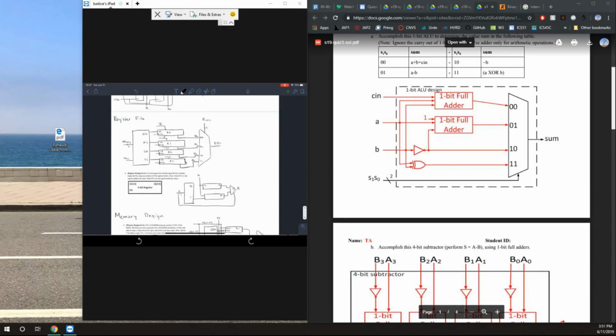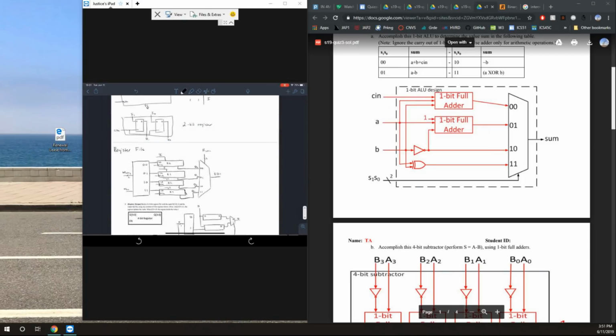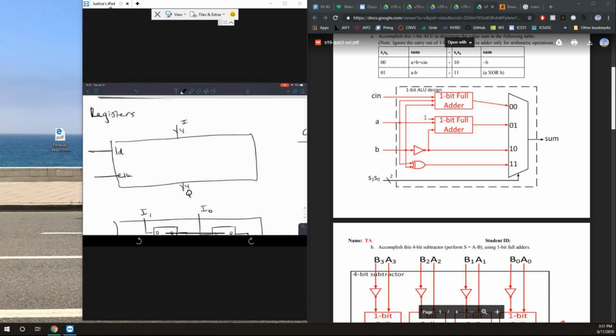It's kind of like, do you understand what a register is? No. Okay, so you have a register. It takes a load signal, a clock signal, and an input, and gives an output. That's one register. A register file is a bunch of registers.